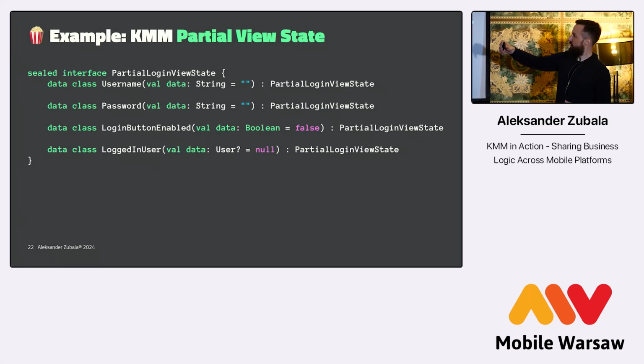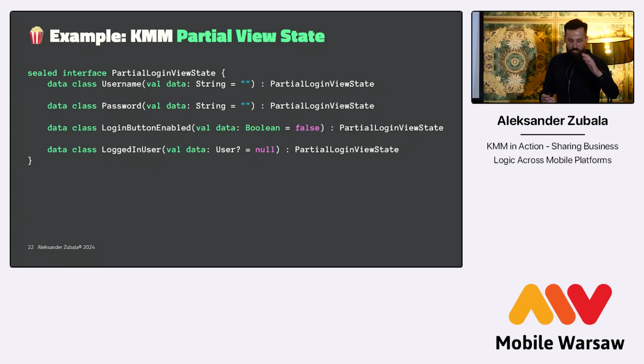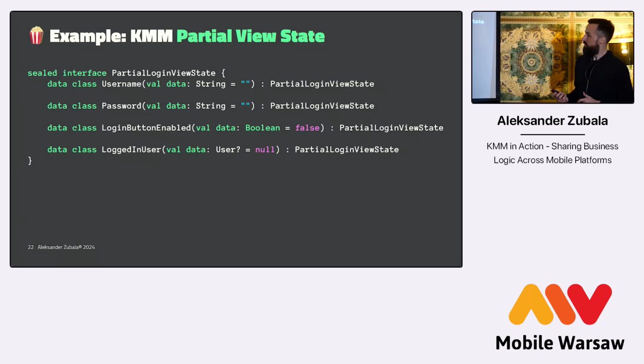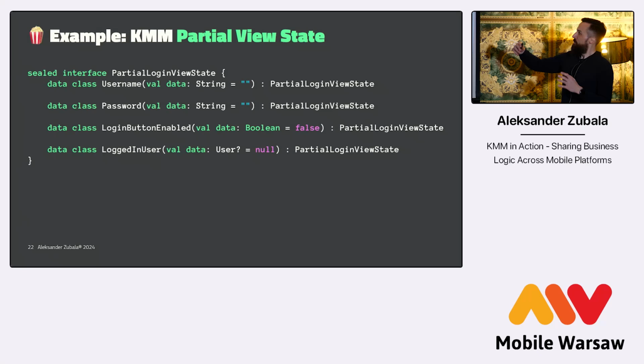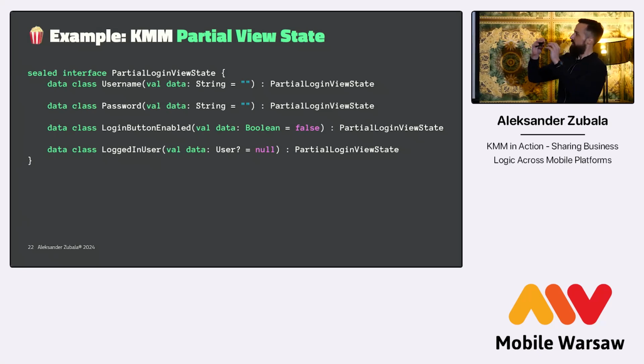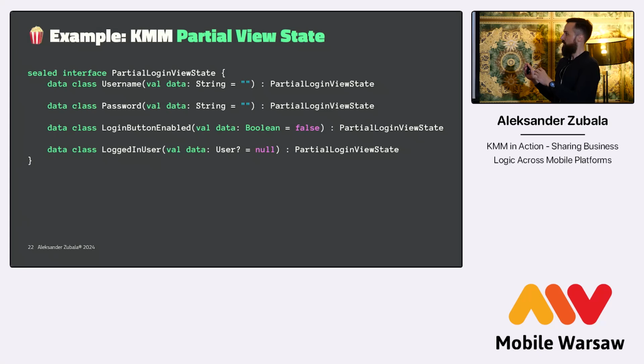So here we define the partial login view state interface, and then we know there can be only four concrete implementations of it. For that we decompose our view state: there is a portion that represents just the username text field, the password, whether the login button is enabled, and the state of whether we have a user or not, right?